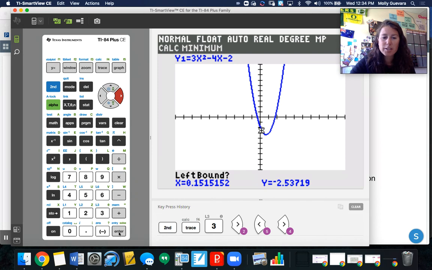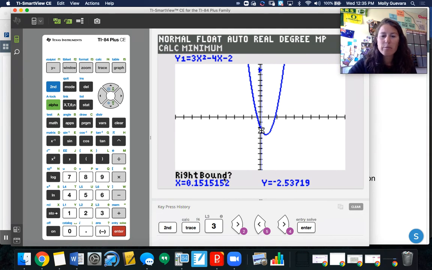And then hit enter. And this little line shows up. Of course, I did it so close to the y-axis, you can't even tell, sorry. But this little dashed line shows up, and this tells me that my minimum is to the right of that line. See this little arrow that kind of points to the right? So, okay, my minimum's to the right of that line.